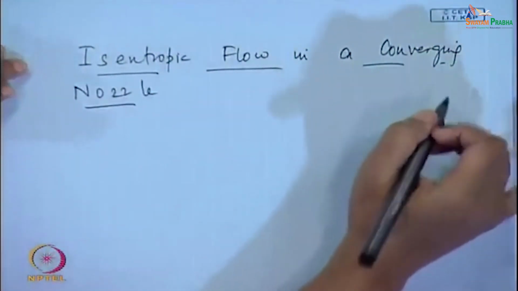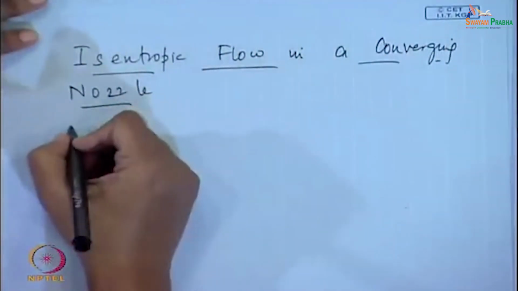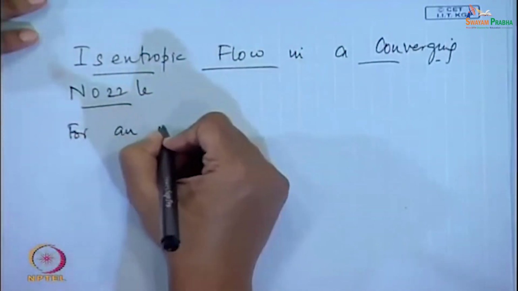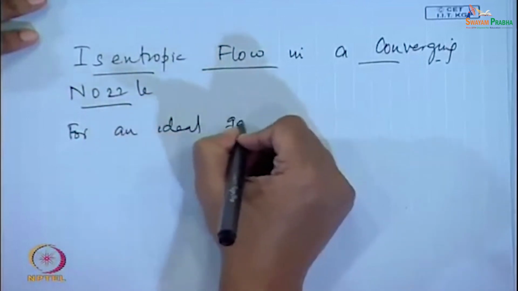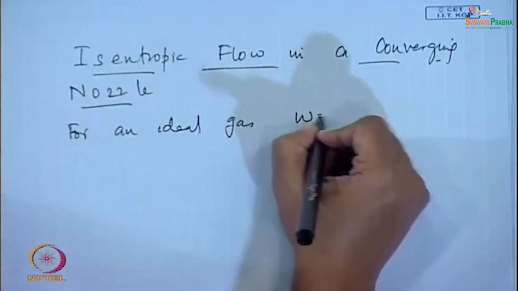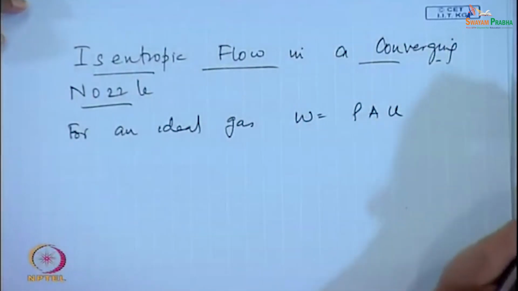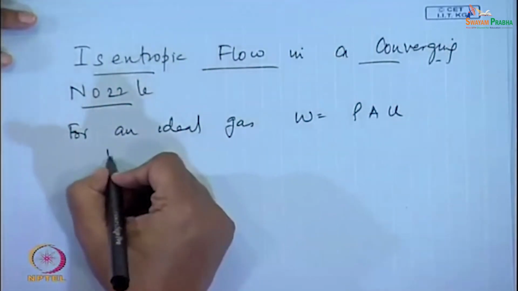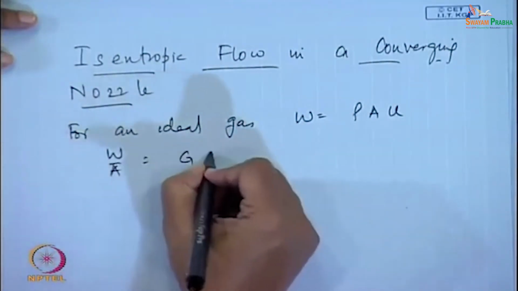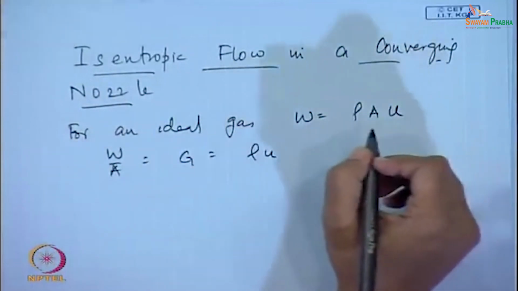So, for this particular case, we know that for an ideal gas in a converging nozzle, what do we know? W equals this, all of us know, or in other words W by A, this is nothing but G, this is equal to rho u.